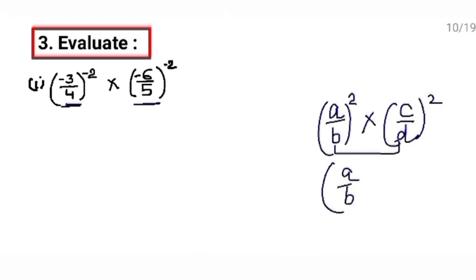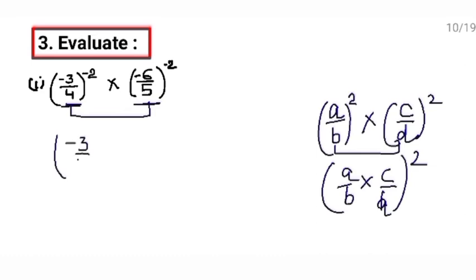A upon B multiply C upon D, and then we write the power. Clear? Similarly we will do here. We will multiply the bases.